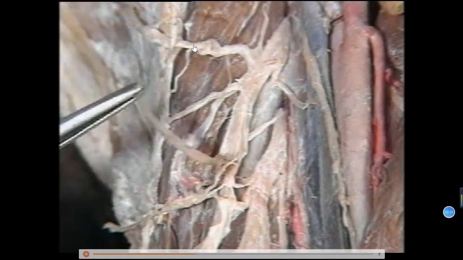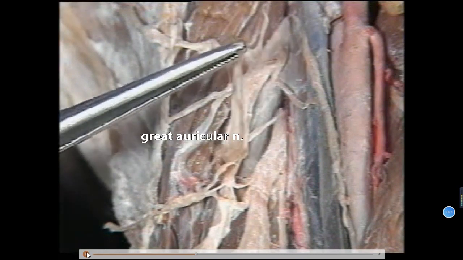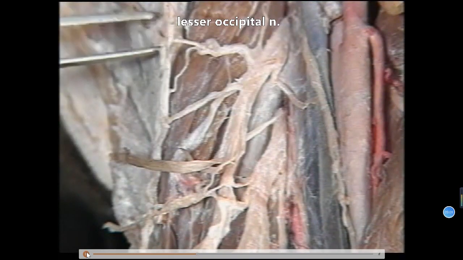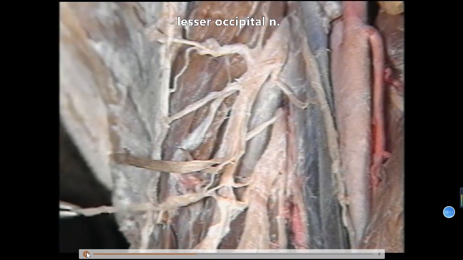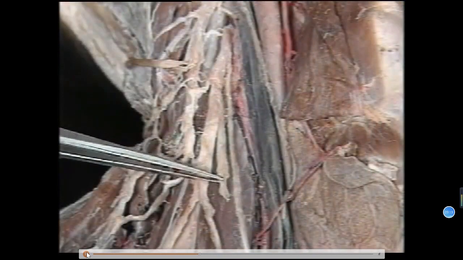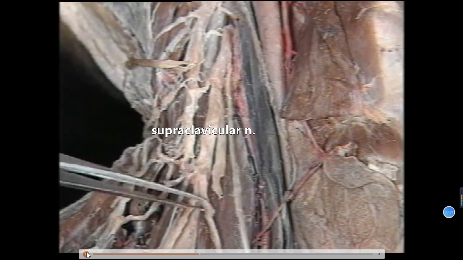These are cutaneous branches of this cervical plexus. This is the great auricular nerve. This is the lesser occipital nerve, transverse cervical nerve, and supraclavicular nerve.